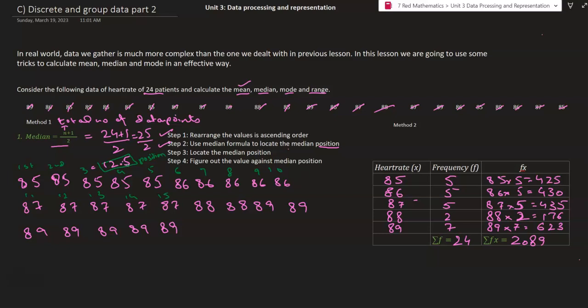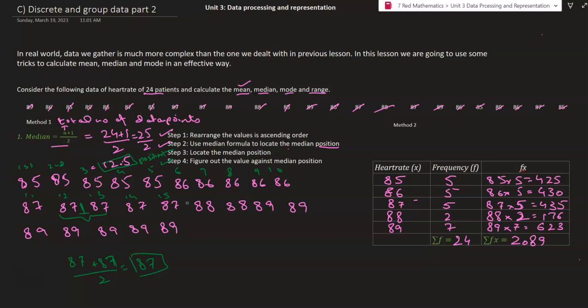So 12.5 will be between 12 and 13, somewhere in the middle, but there is no value there. So we add these values: 87 plus 87, divided by 2, and we get 87. This is the value. So we have located the position in step 3, and in step 4 we figured out the value against the median position.